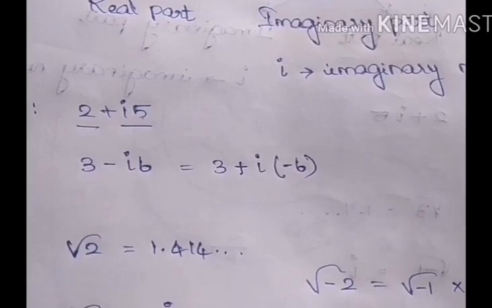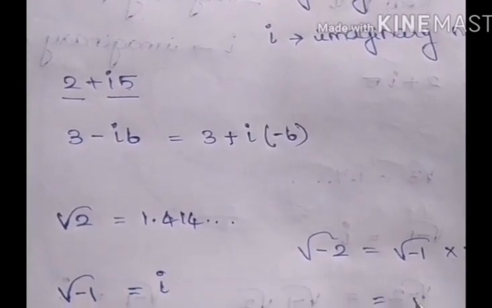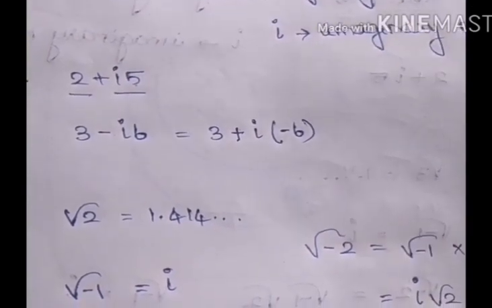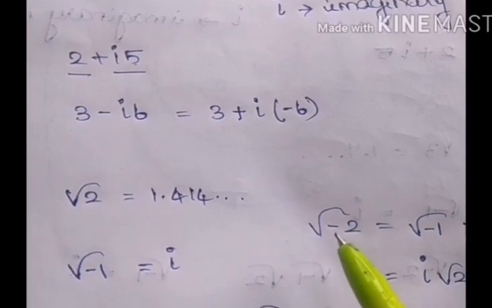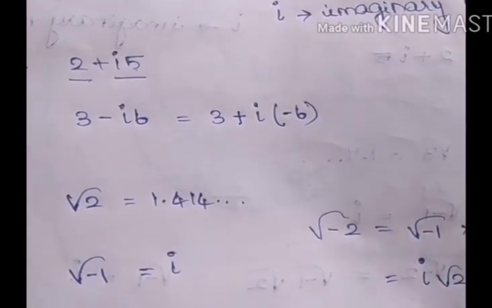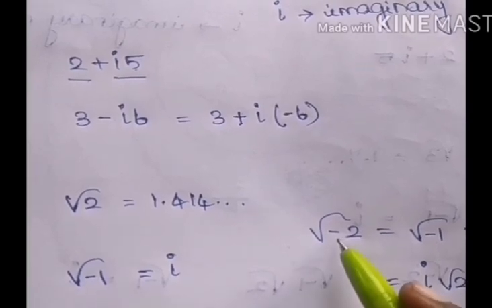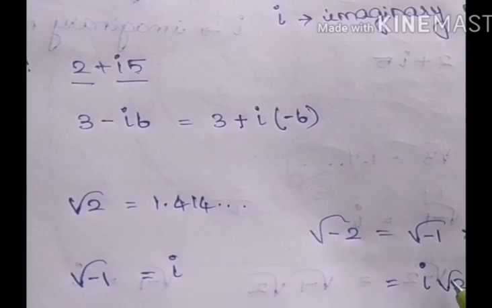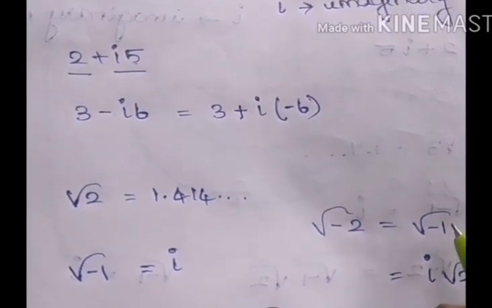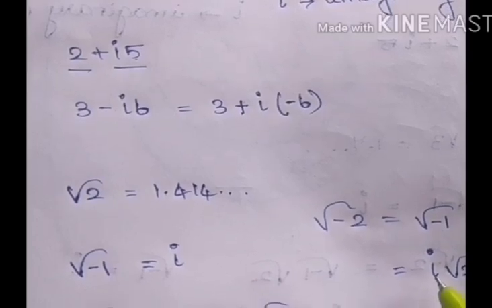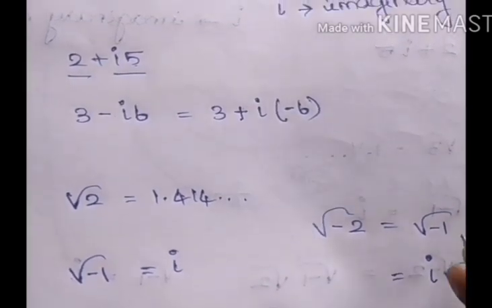Now this root of -1 is written as i, and this root 2 is written as it is. So the answer for root of -2 is i root 2. The same for all other numbers. Root of -3 is equal to i root 3. This is how the imaginary number i originated.